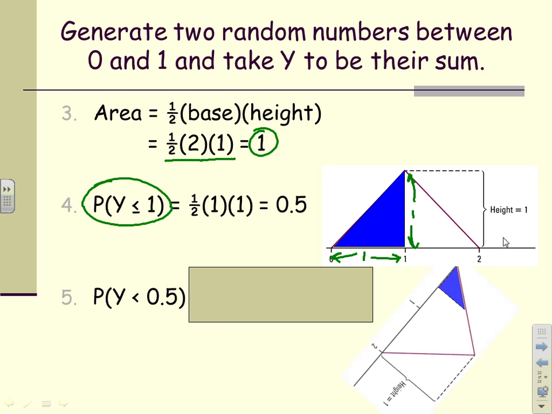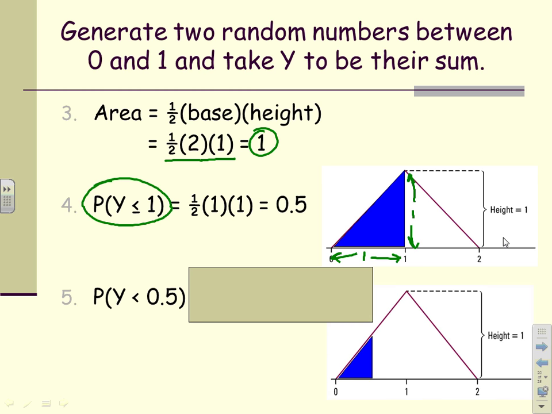Our second situation is a little bit more complex. We're looking at the probability that y is less than 0.5. And the tricky part here is, we know the width is going to be 0.5. But what about the height? Well, if we think about it, since we have an isosceles triangle here with the width of 1 and the height of 1, what we have going on in the smaller blue triangle is a similar triangle, and that means that the ratios are going to stay constant.